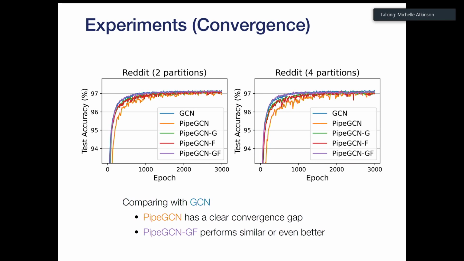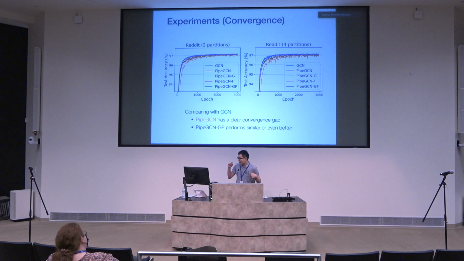And we further analyze the convergence speed of PipeGCN and its variants. In this figure, let's first compare the blue curve and the orange curve. The blue curve is slightly covered by the purple curve, so maybe you need to take some time to find it. In this figure, we find that there is a clear gap between the blue curve and the orange curve.